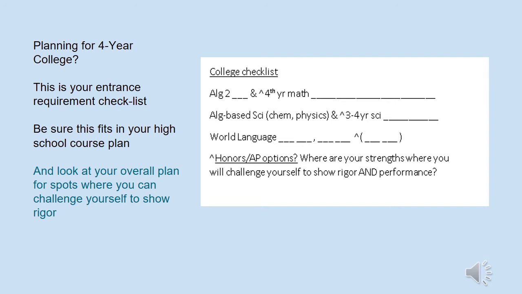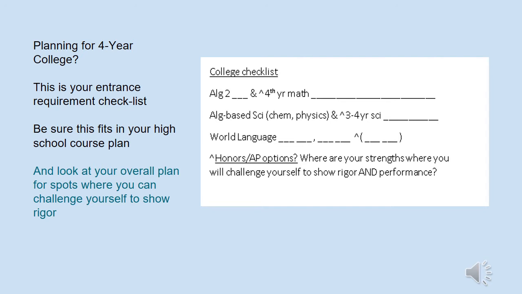You also need to make sure that you are accounting for an algebra-based lab science, such as chemistry or physics, and you should also be thinking about 3 to 4 years of science. World language requires 2 years of the same world language, and a 3rd year is preferred by most 4-year colleges. And you also want to look for spots where you can take some honors level courses or some AP options.